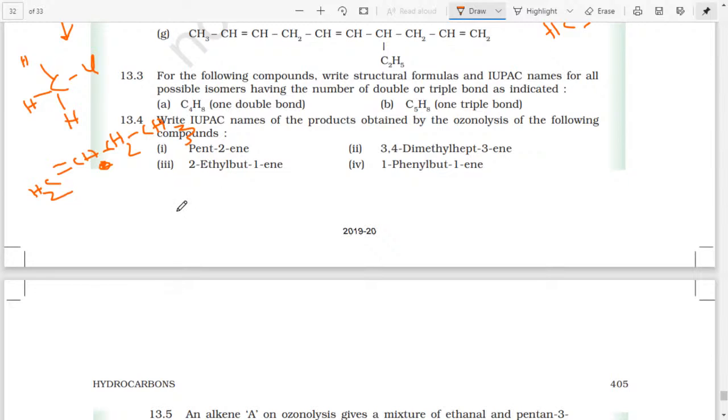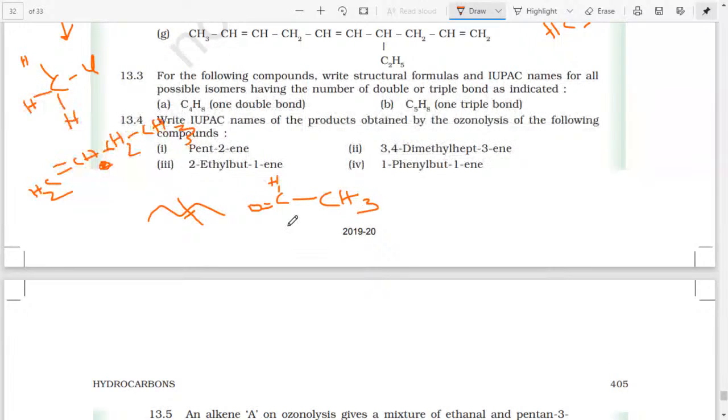Pent-2-ene. What is pent-2-ene? 1, 2, 3, 4, 5. Obtained by the ozonolysis of the following compounds. If I break here, what am I going to get? This is acetaldehyde. The double bond is here, giving an aldehyde, and the remaining part is acetaldehyde.